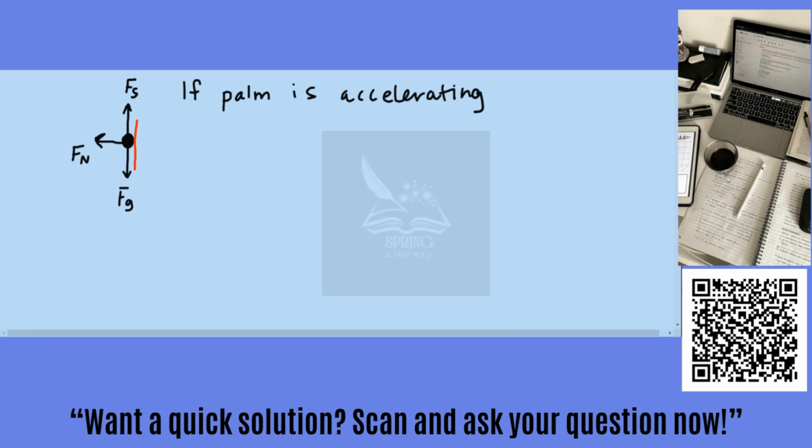But if we are moving our palm, and in particular, if we are accelerating our palm, then there has to be a force there providing that acceleration, and that is the normal force.